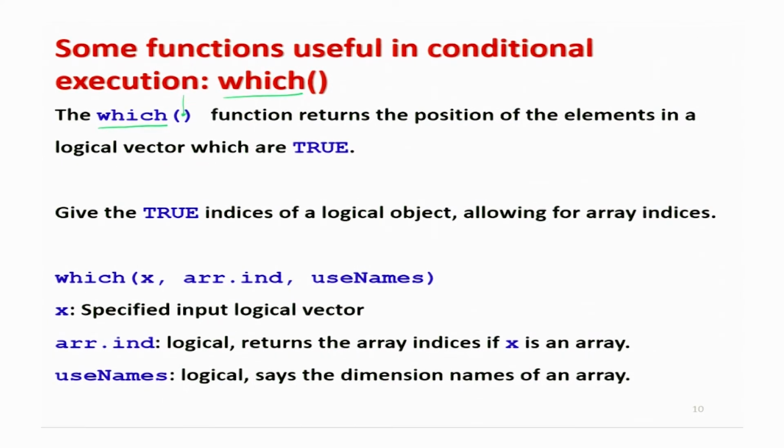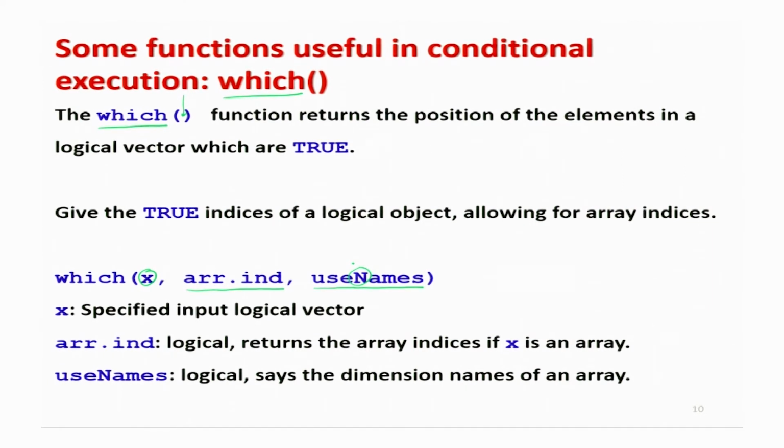This will give you two types of outcome, true and false, and based on that it will give you the position of the element in that data vector, right. For example, suppose there is a logical vector given as x. After that you have two options, ARR.IND and USE.NAMES, where the N is in capital letters.